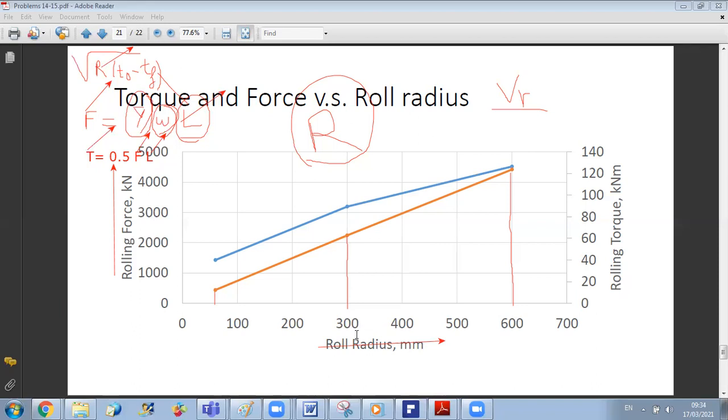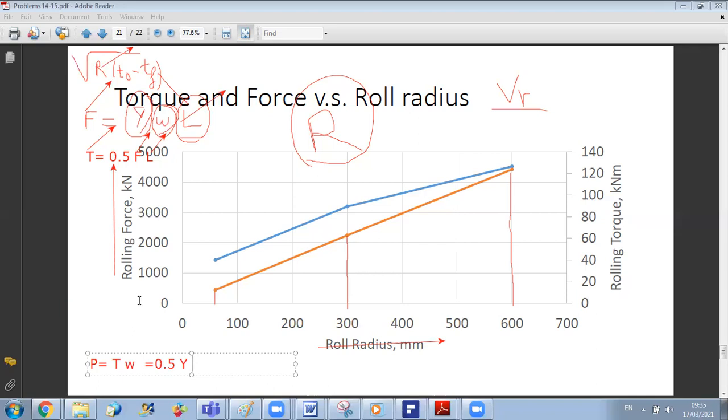What is the definition of power? To get the power, it is torque times angular velocity omega. And the torque, if you replace in your formula, is 0.5 times the force, which is y average times width.